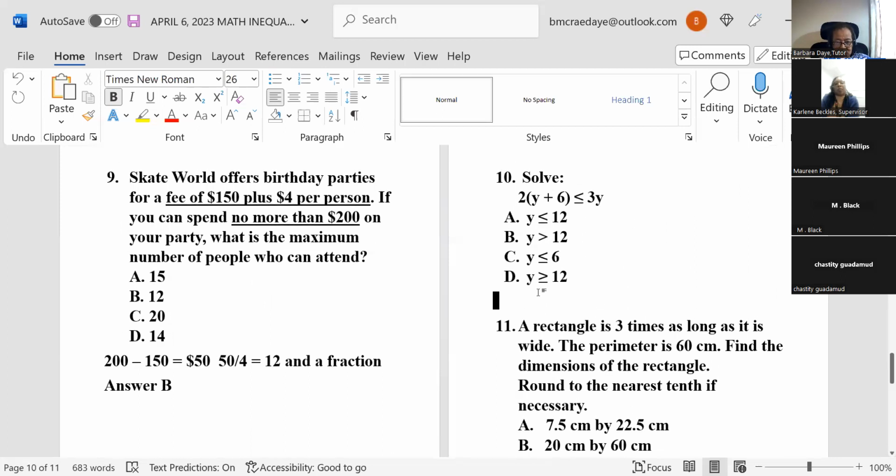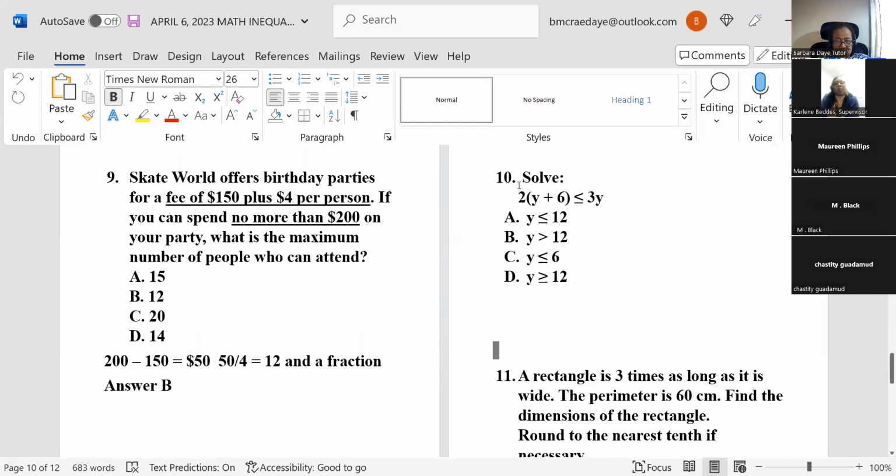You're going to multiply the outside number by everything that's in the parentheses. Then combine your variables and constants, get your variables on the left, your constants on the right, and solve. Tell me what answer you get.